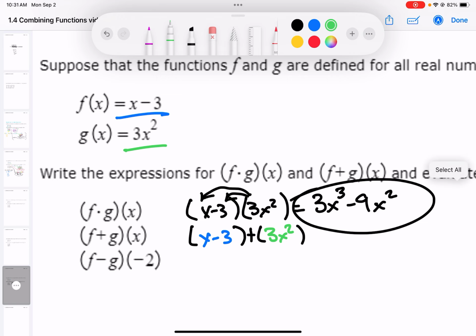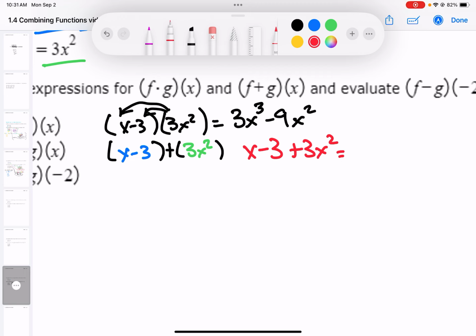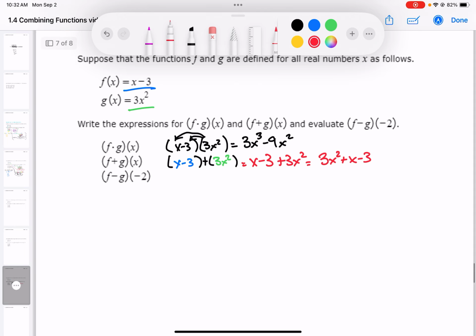So this one we could finish off as x minus 3 plus 3x squared. And this is 100% correct, even though it looks a little weird. The reason why is we can reorder this as 3x squared plus x minus 3. We usually want to write our exponents and our variables in descending order. But both of those are similar.